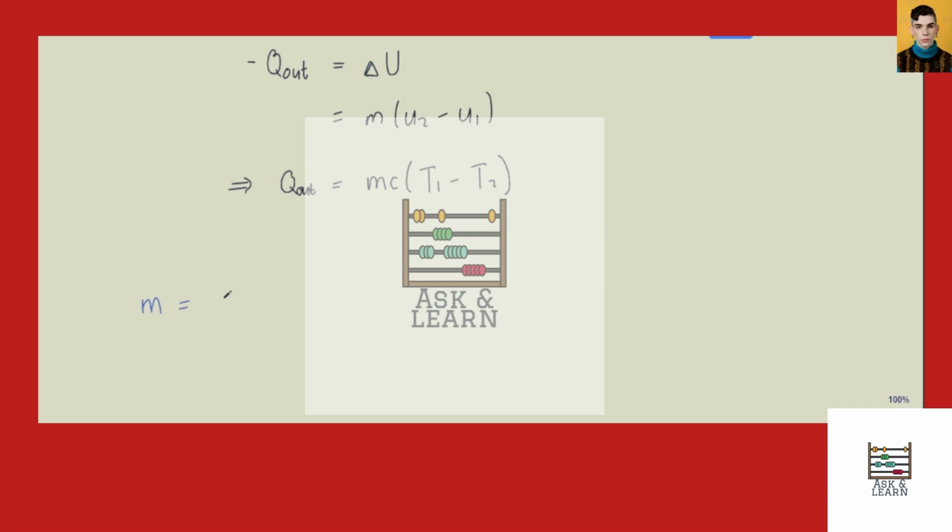And the mass is equal to the density times the volume. We assume the density of water to be 62.3, and that was pounds per cubic feet.